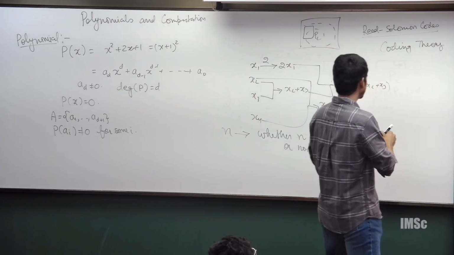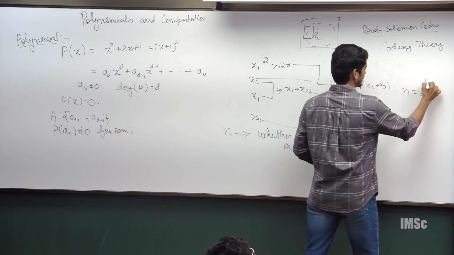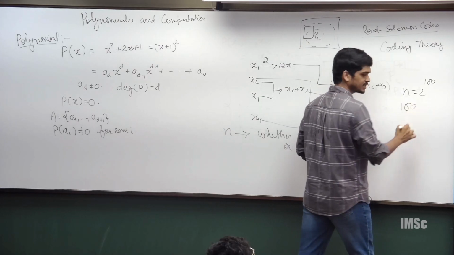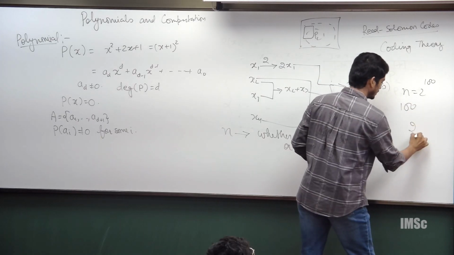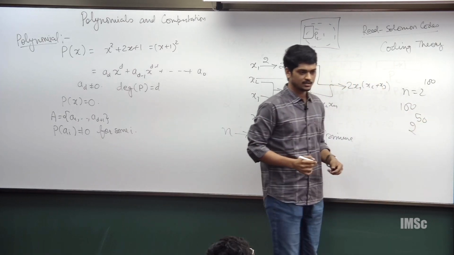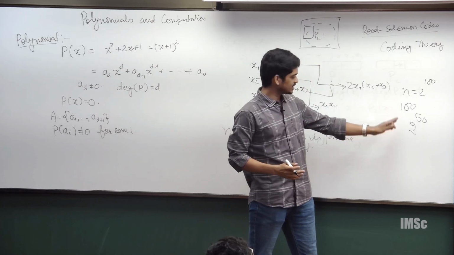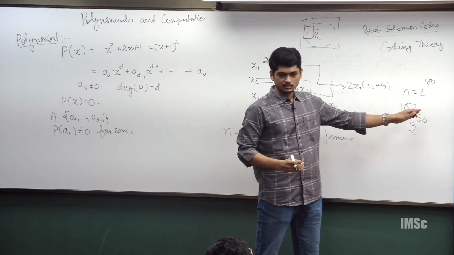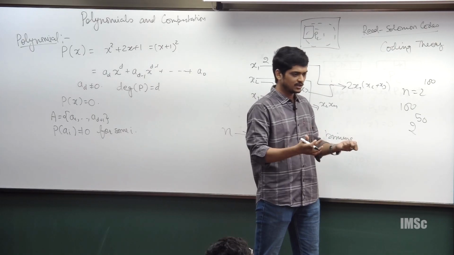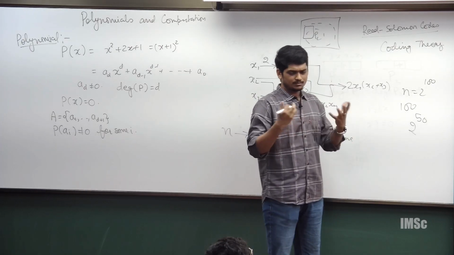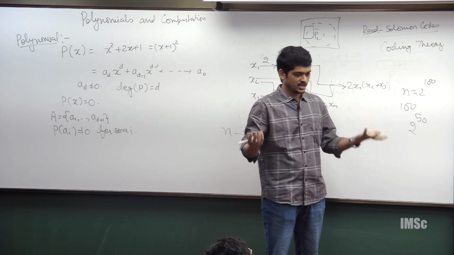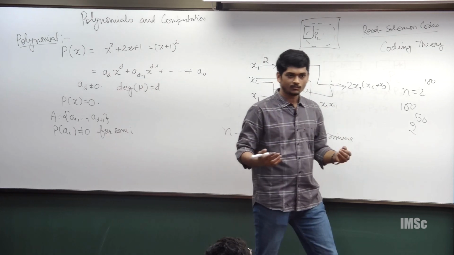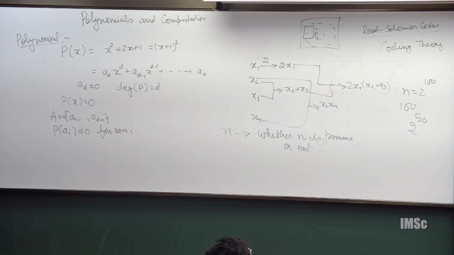So if n is really large, let us say n is like 2 to the 100, you only need 100 bits, but how much time do you need? 2 to the 50. 2 to the 50 is really large compared to 100. So this naive algorithm, the sieve algorithm, it is not so surprising that it is not so fast. And in fact, a lot of other ideas that people came up with were not fast.